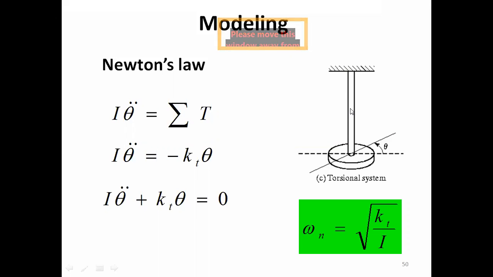This would start vibrating about the axis of the rod. Again, this would be free vibration. It would vibrate on its own in the absence of a disturbance or external force. So it would be the case of free vibration.